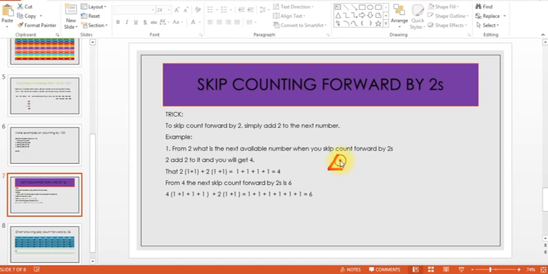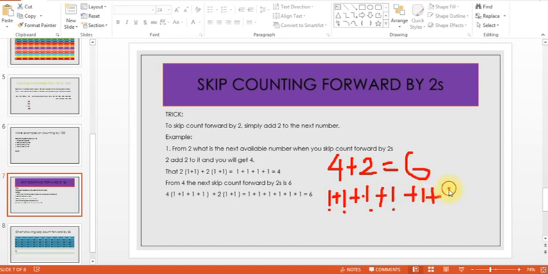So we add 2 to the 4, what are you going to get? 6. So let me break it out. 1 plus 1 plus another 1 plus another 1. So how many do we get? 1, 2, 3, 4. So add 2 to it, plus another 1 plus another 1. So what are you going to get? 4, 5, and 6.